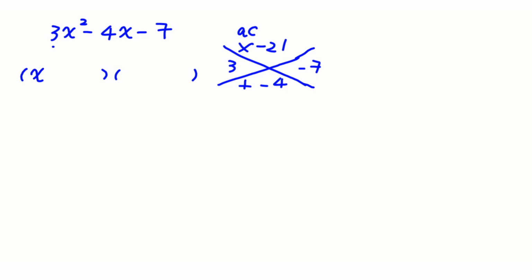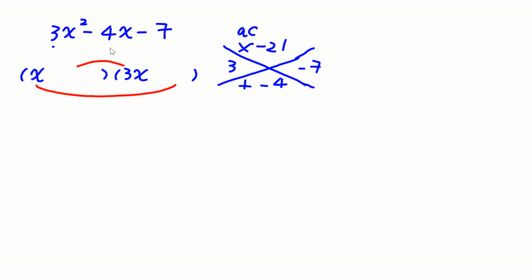It's only 1x and 3x. So 1x times 3x gives you 3x squared. And after that, how to find the other numbers inside the bracket using these two. So the cross, 1 times something equals 3, 1 times something equals negative 7.